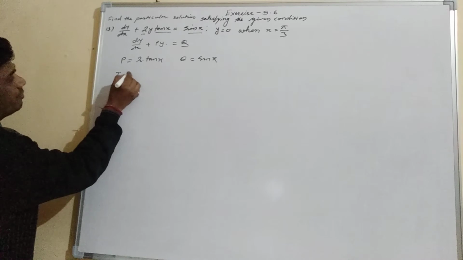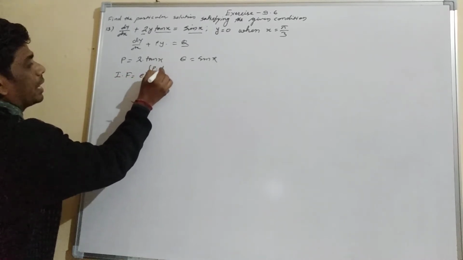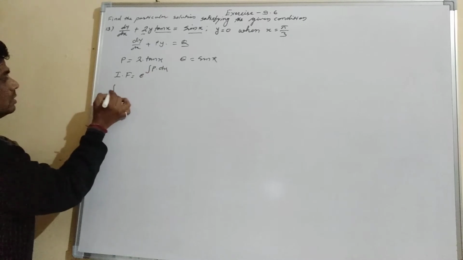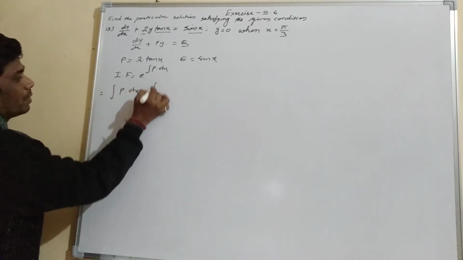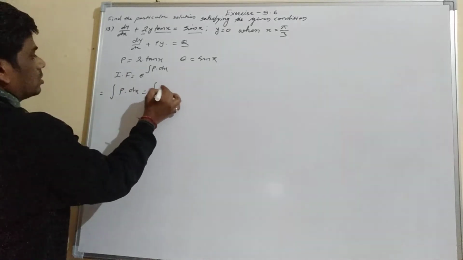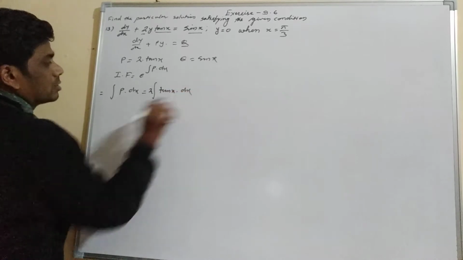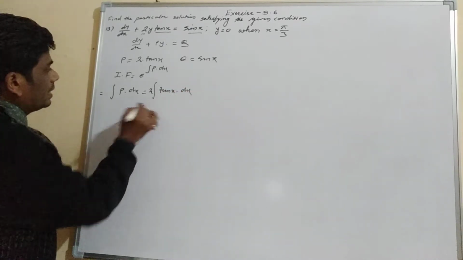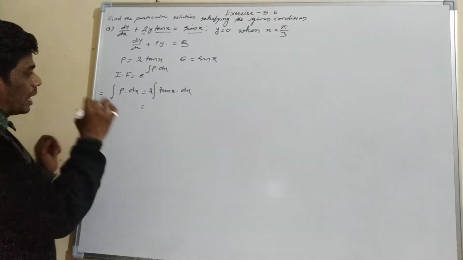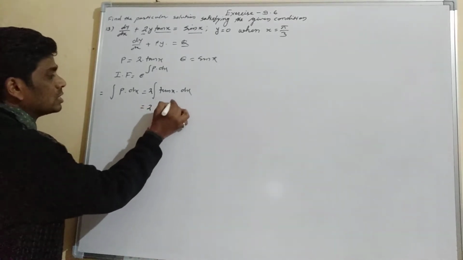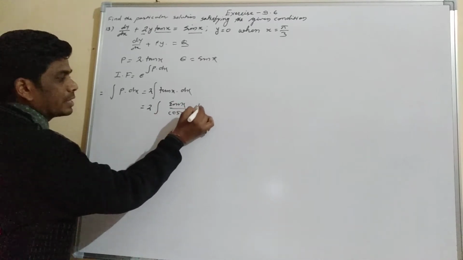Now we will find the integrating factor, IF. It is e raised to the power integration of p dx. So first we will find the integration of p dx. That will be the integral of 2 tan x dx. And we know that tan x can be written as sin x upon cos x dx.